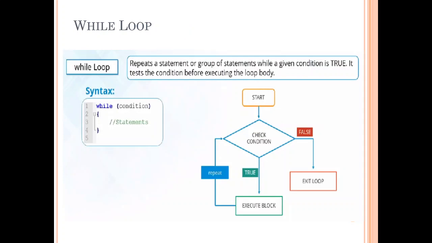Moving forward, we get the while loop. The major difference between for and while loop is that we use a for loop primarily in cases where we know how many times the loop should be executed. Like in all the previous cases that we saw, we know that we want to execute a loop for 4 times or 5 times or likewise. So when the number of iterations is fixed, we use a for loop.